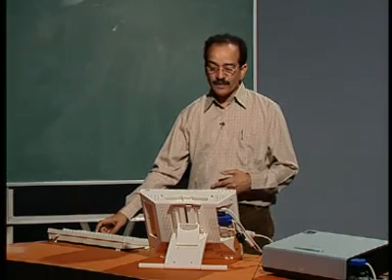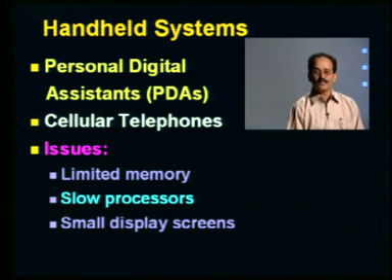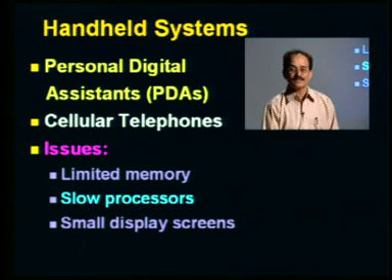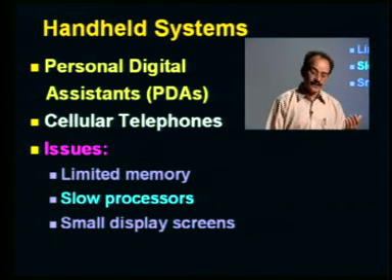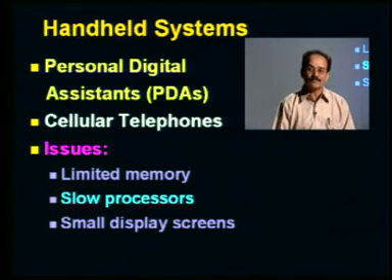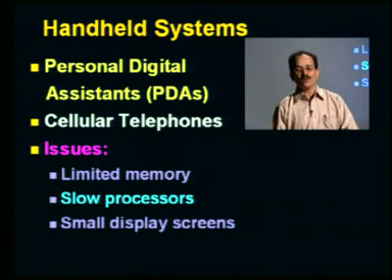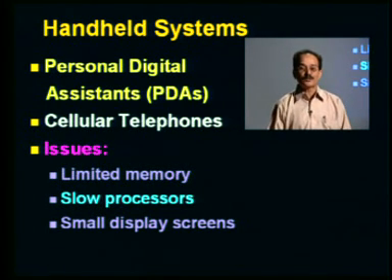Now, then we have handheld systems, maybe your PDAs, your cellular telephones. You might have seen the present day telephones, your mobile telephone, which has its own operating system. But there are challenges: how do I design this sort of operating system which fits into a very small memory and a very small processor which may be available to me?